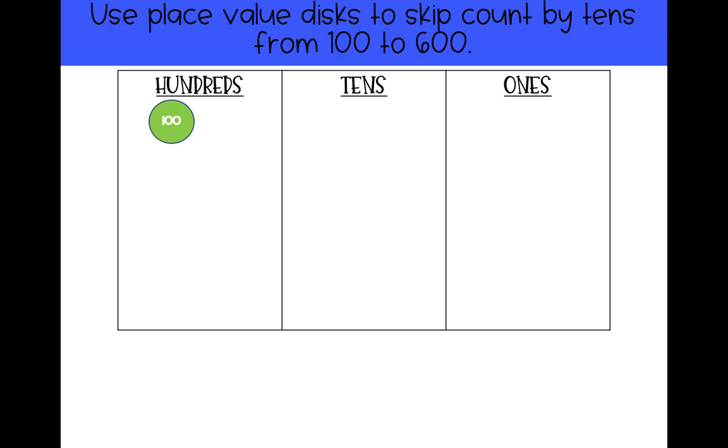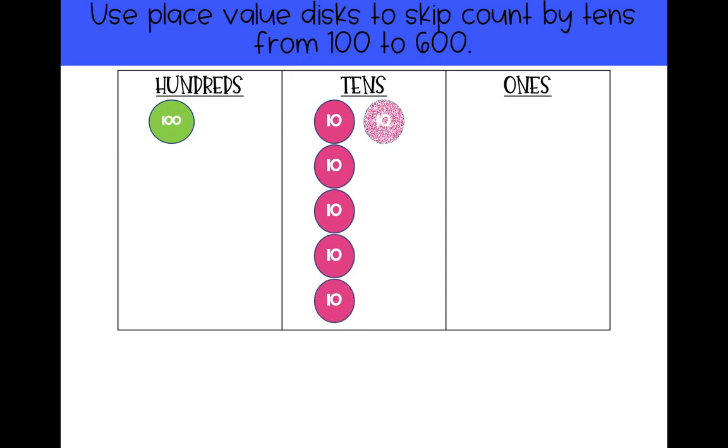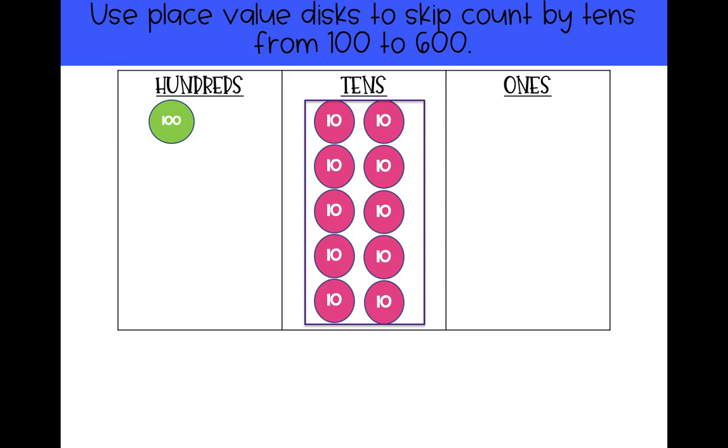Ready? 100, 110, 120, 130, 140, 150, 160, 170, 180, 190, 200. We have 10 tens, so we need to exchange them for 100. Make sure you show that on your place value chart.